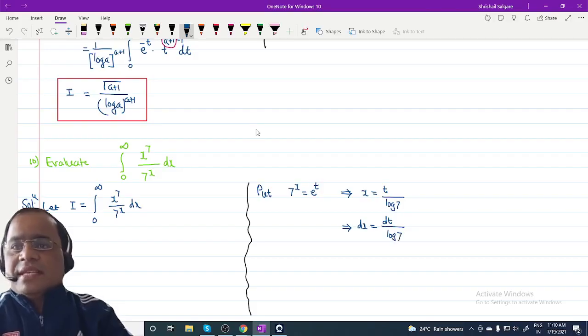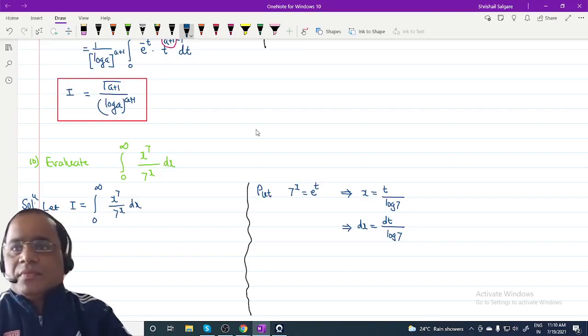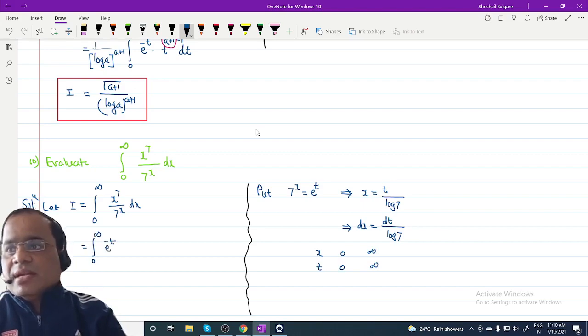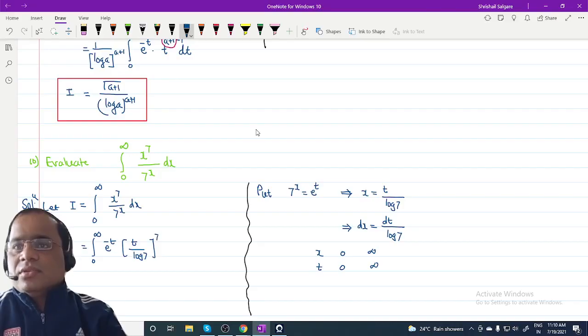Just like I was explaining in the last lecture, if x is equal to 0, then t is also 0, and if x is equal to infinity, then t is also infinity. Therefore, this integral becomes 0 to infinity e raised to minus t, t divided by log 7, raised to 7, and dx is given by dt divided by log 7.